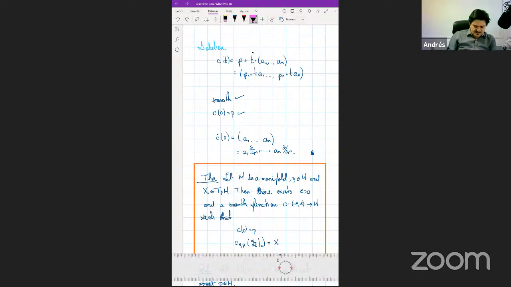Right? Now, I'm writing this in terms of a different notation instead of C dot, because now we are on manifolds, but it is exactly the same. Okay?